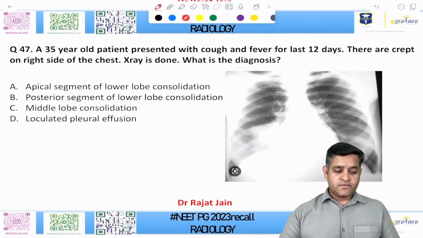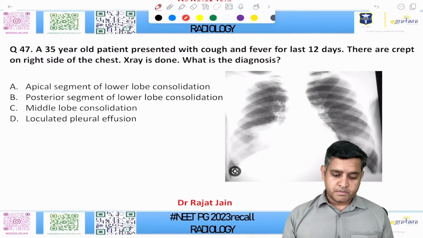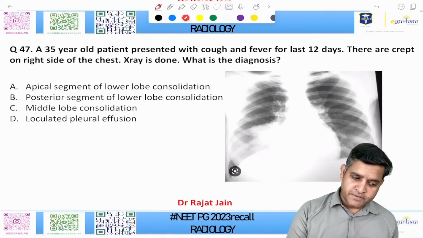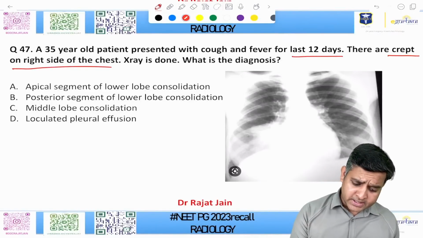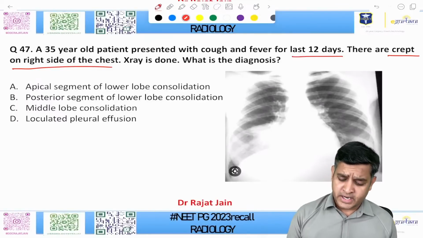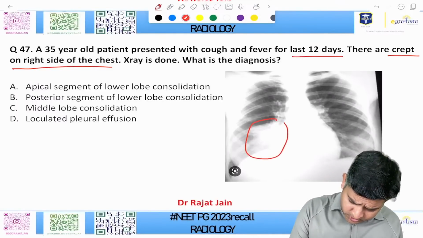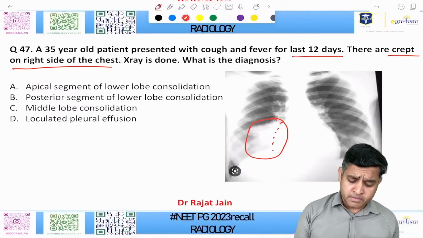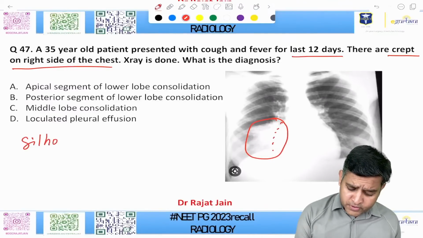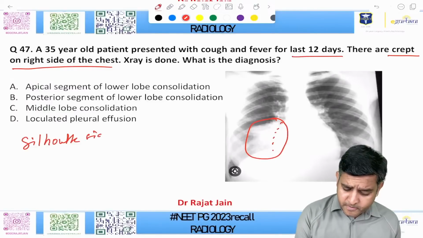47. A 35-year-old patient presented with cough and fever for the last 2 days. There are crepts on the right side of the chest. X-ray is done. What is the diagnosis? I can see the consolidation in this part that is obscuring the right heart border. What is the sign that we are talking of here? Silhouette sign.